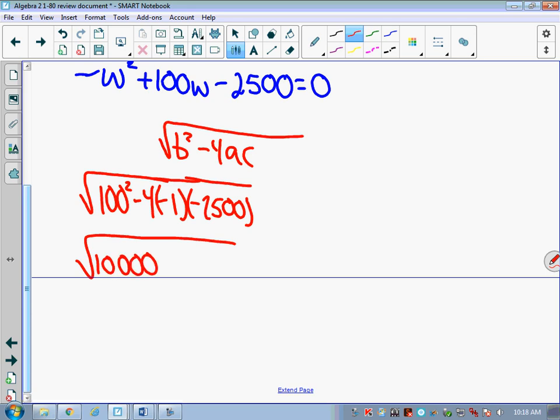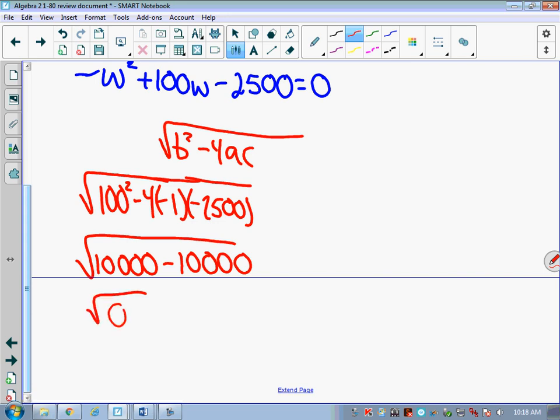Negative 4 times negative 1 is positive 4. What's 4 times negative 2,500? Negative 10,000. All right, what's 10,000 minus 10,000? 0.